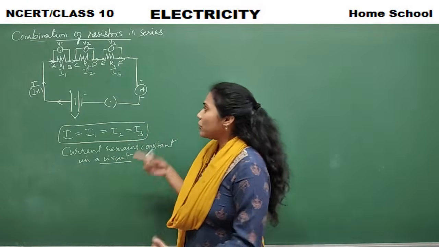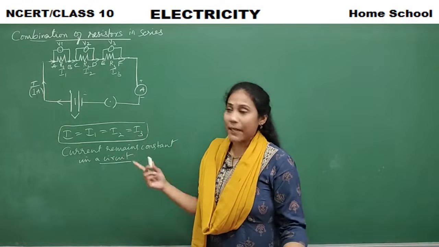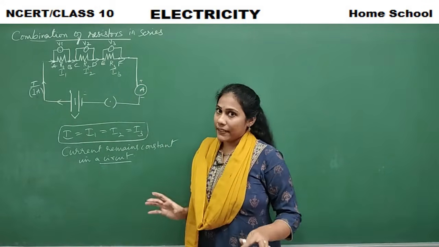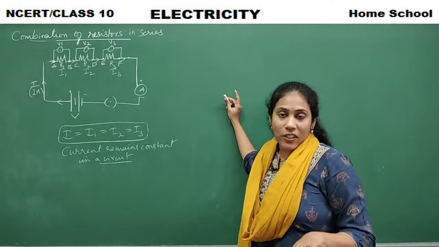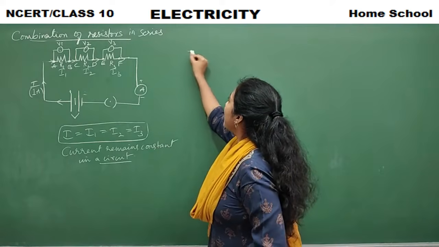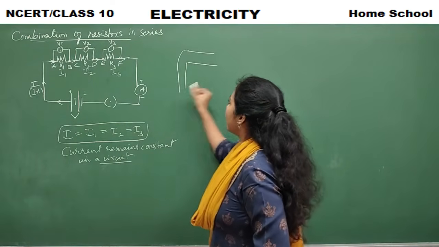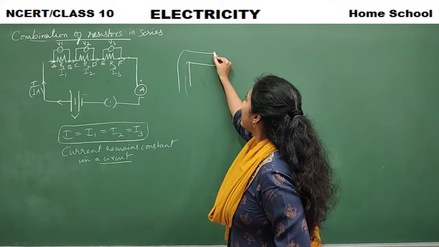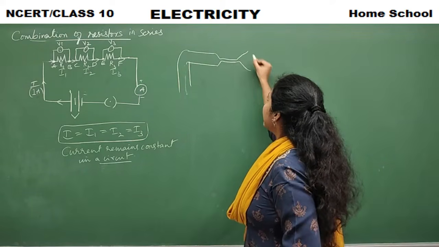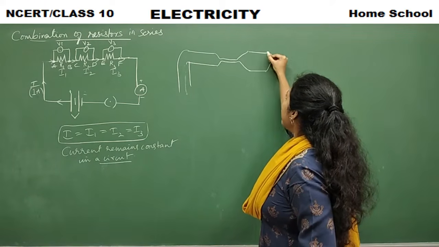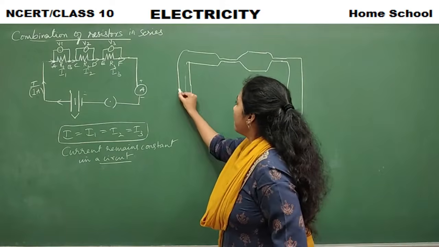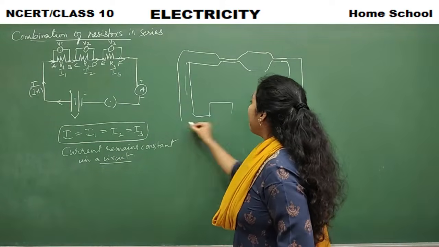So you would be wondering how this can happen, right? How does a current remain the same throughout the entire circuit when you have three resistors combined together? Let us have one water analogy here. I am comparing with water. Imagine you have a thick pipe where water is flowing, and somewhere the pipe becomes very thin. And again a thick pipe, and again at some region the pipe becomes thin. So you have a normal sized pipe and here you have a big pump.